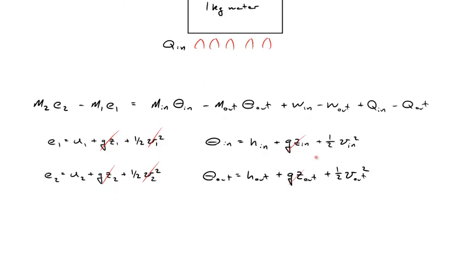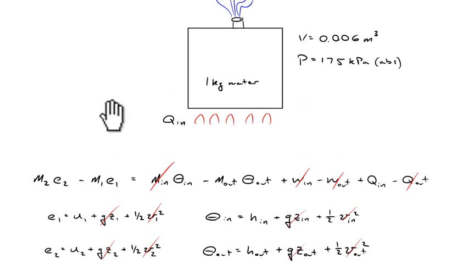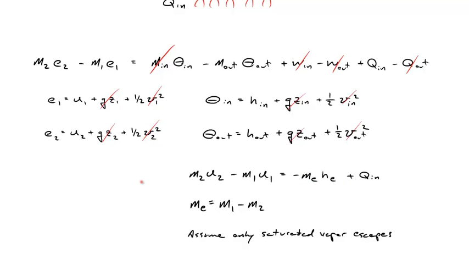Let's neglect potential and kinetic energies coming off of it, which are pretty small. In the equation itself, there's no mass coming in to the pressure cooker, no shaft work being done, and no heat leaving the system. The only way energy is getting out of the system is by way of steam being let off from the top of it, and the only way energy is getting into the system is by way of the heat from the flame below it.